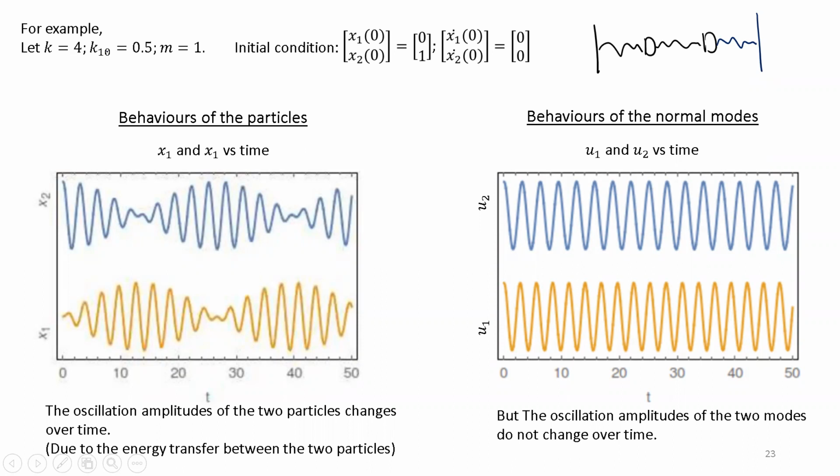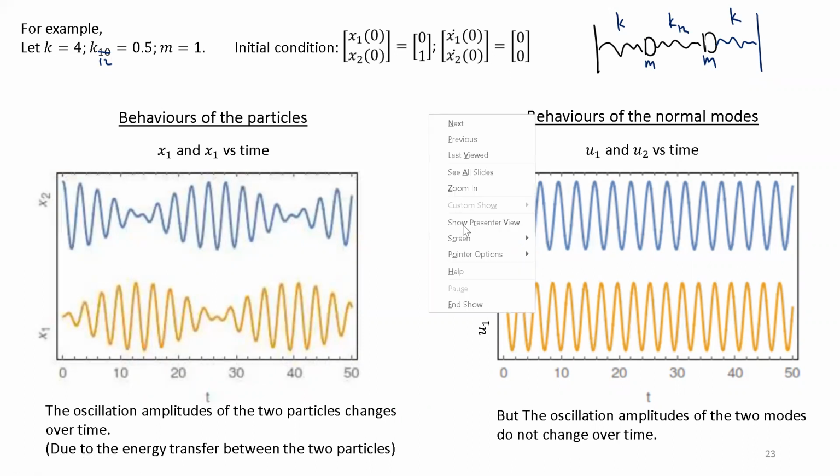This one should be K12. So this is K, this is also K, this is K12, and this is M. And now, with all the K and M values set, I also give you the initial positions and the initial velocities of the two masses.